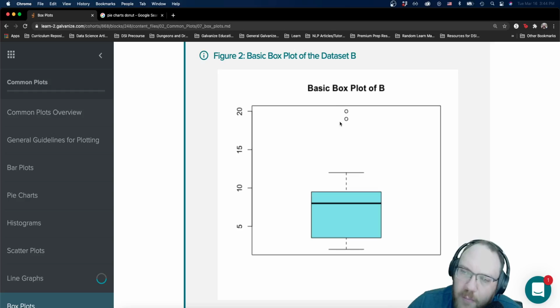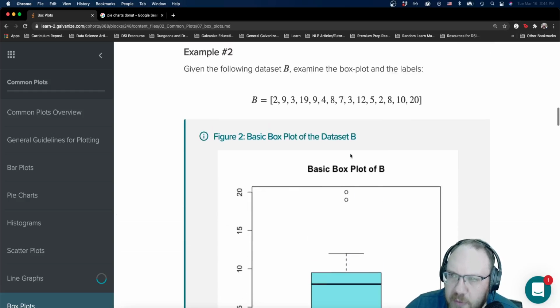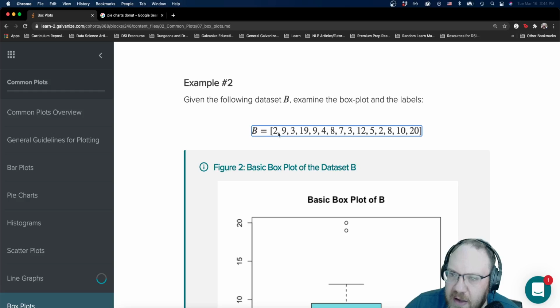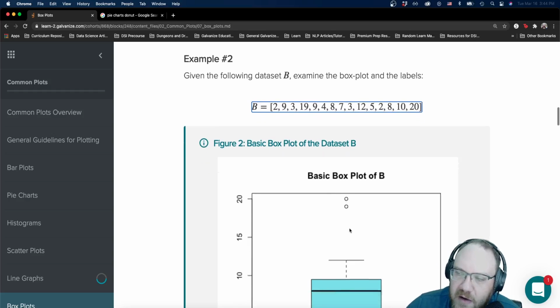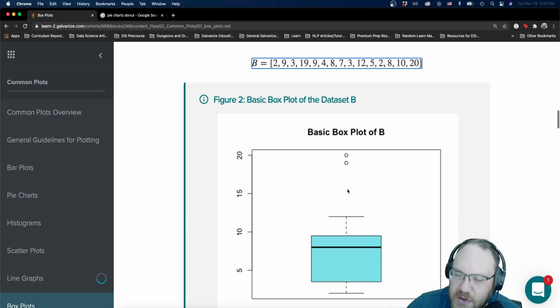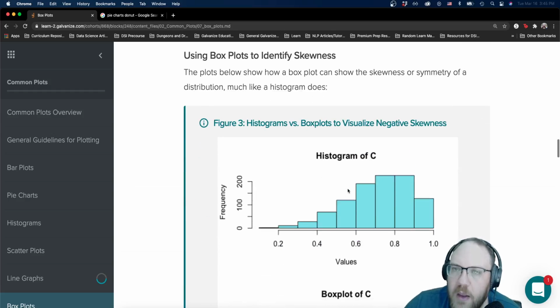I just have a couple of outliers that might make it seem a lot more spread out than it actually is. And we can see in this data set, most of these values are between, say, 2 and 12, but we do have 19 and 20, which are outliers, and we can actually see those being visually represented as such in our box plot.